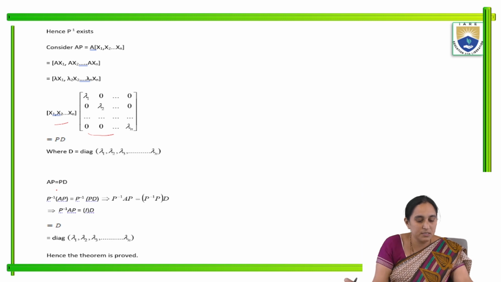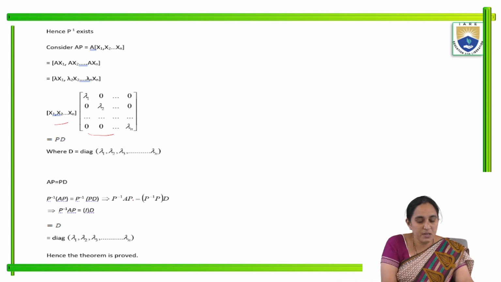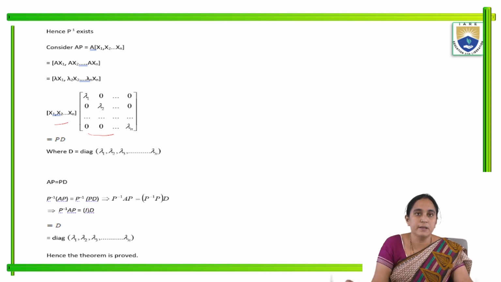That is, AP is equal to P into D. Now we multiply both sides by P inverse: P inverse AP is equal to P inverse P into D. That is, P inverse A into P is equal to P inverse P into D, which is equal to I into D, that is D. That is the diagonalization of the matrix. From the given conditions we get the diagonalization of a matrix through P inverse A into P. Therefore, the theorem is proved.